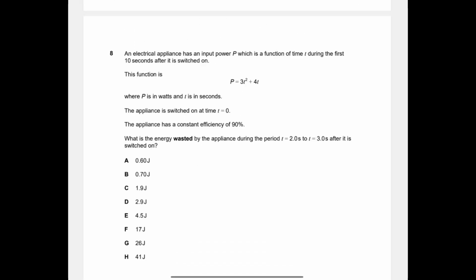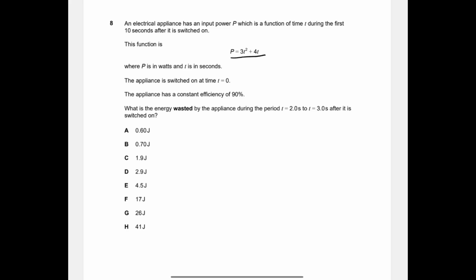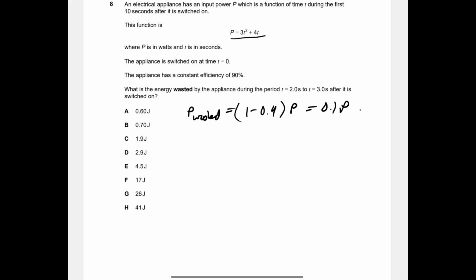Okay, so an electrical appliance has an input power P, which is a function of time. So this is the power. We know the power wasted is going to be 1 minus 0.9 times P, which is 0.1 P. And the power wasted is the time rate of change of the energy wasted.